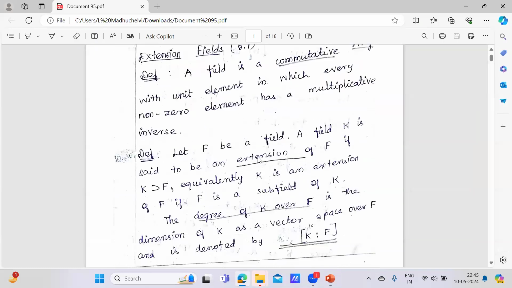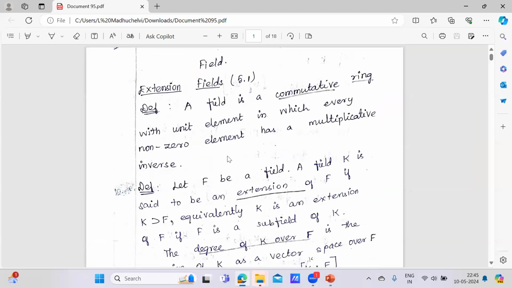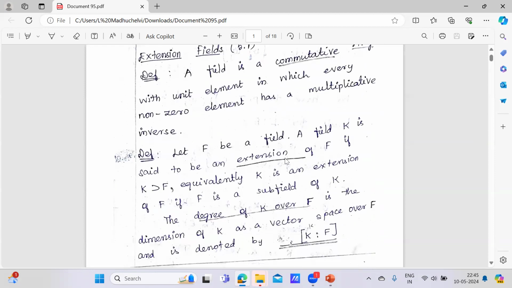A field is a commutative ring with unity in which every non-zero element has a multiplicative inverse. Let us see the extension of a field.